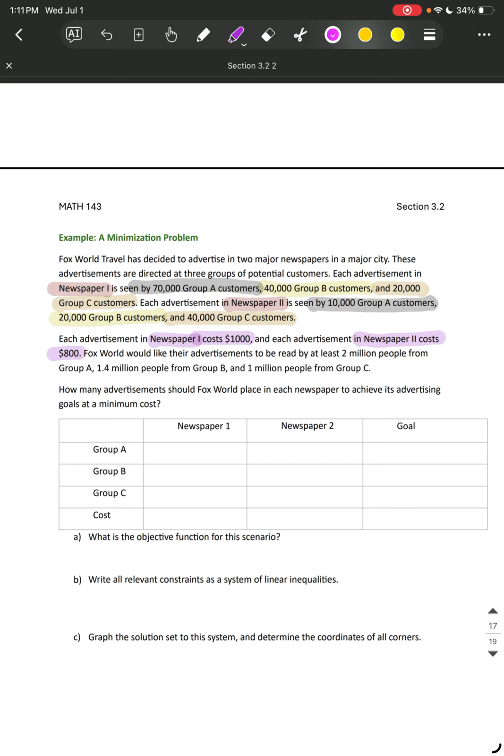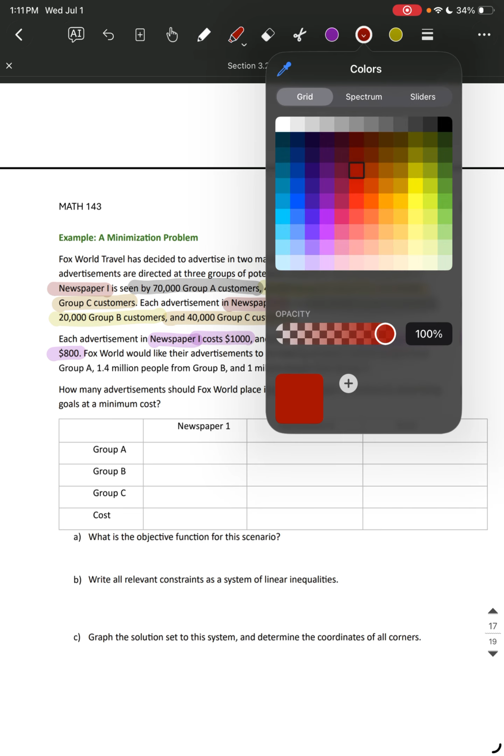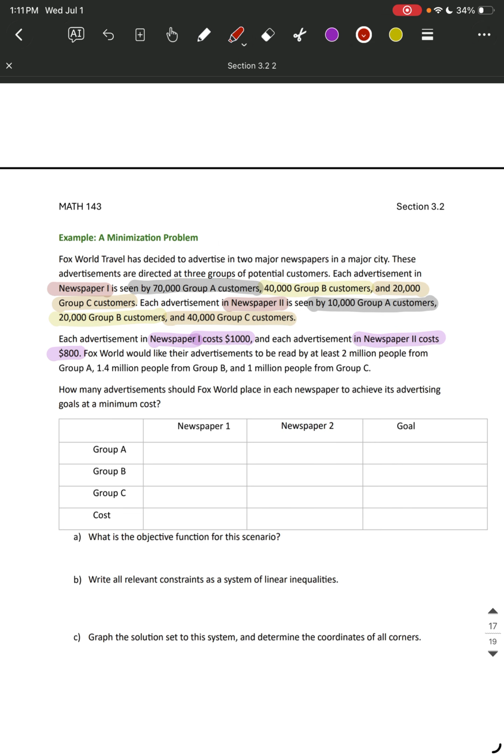And the requirement: Foxworld would like their advertisement to be read by 2 million people from Group A, 1.4 million from Group B, 1 million from Group C. Those are the important information.